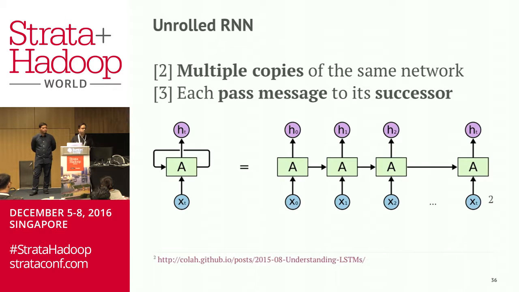This is an example of how unrolling happens. On the left that you see over here, you have the node where information can persist for some time. When you unroll it, you specify how long this information can persist. A very typical architecture used in recurrent neural networks is called the LSTM network.